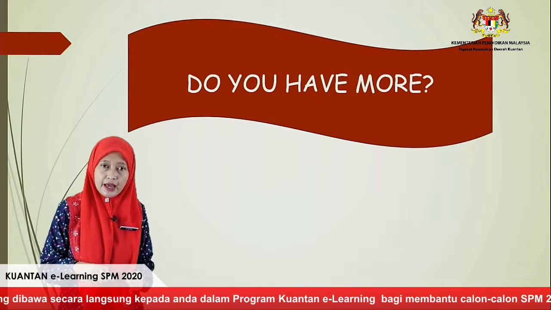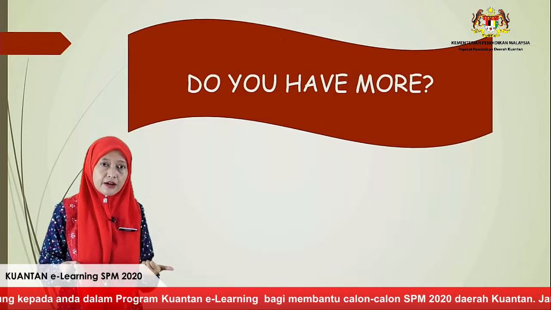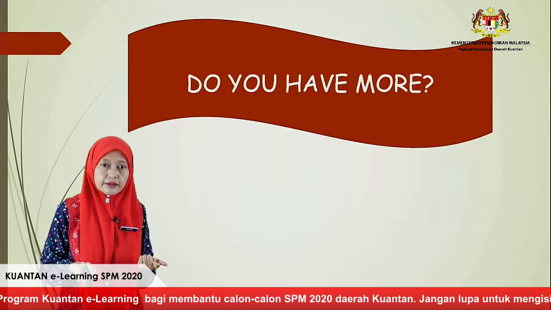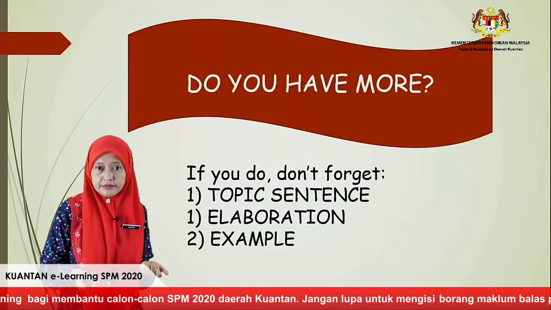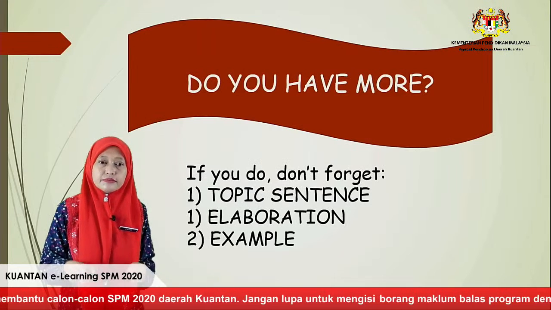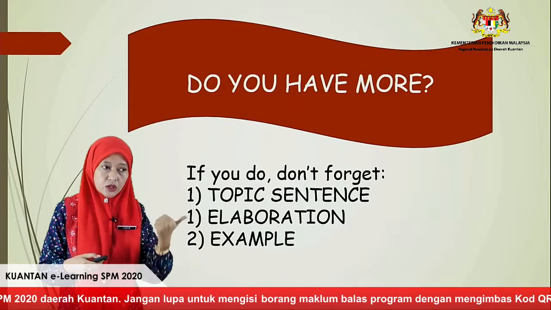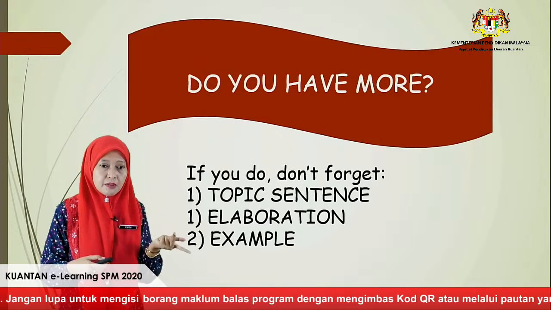You can have more if you have enough time, if you have enough material to write. Of course, you can have more, but don't forget, in your content paragraph, the topic sentence, the elaboration, and the example.